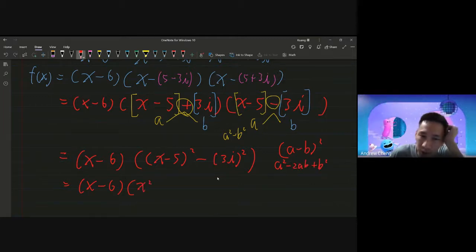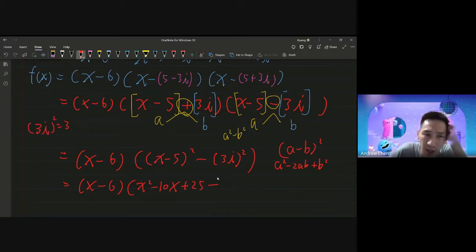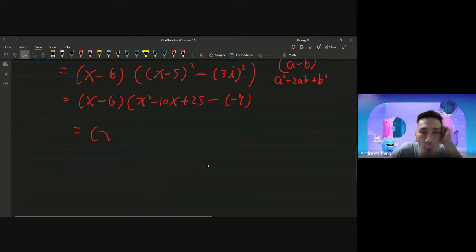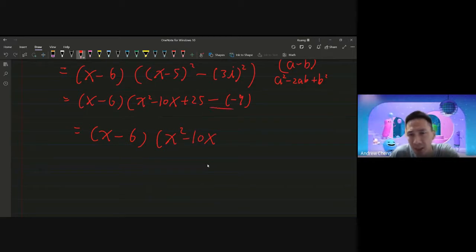So that's x squared minus 10x plus 25, right? And then minus, what is 3i squared? 3i squared means 3i multiplied by 3i. 3 times 3 is 9, i times i, i squared, is negative 1. So it's 9 times negative 1, that would be negative 9. It's minus negative 9. So x squared minus 10x, and then minus minus becomes plus, 25 plus 9 is 34.